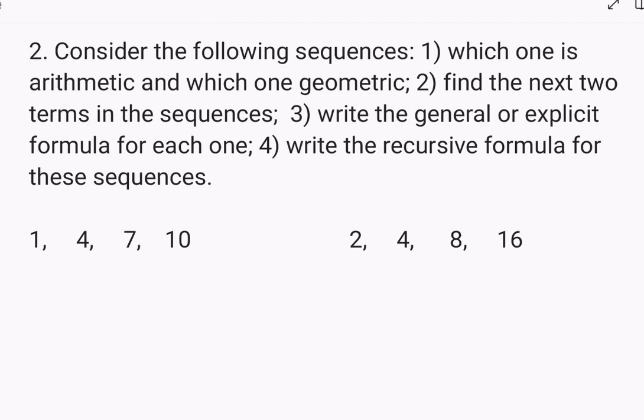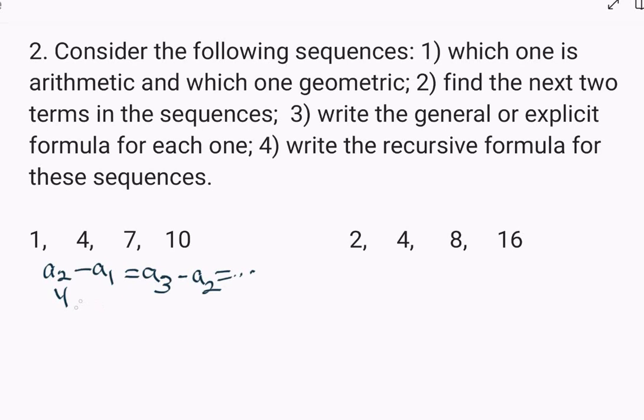Consider the following sequences. Which one is arithmetic and which one is geometric? To be arithmetic, a sub 2 minus a sub 1 must equal a sub 3 minus a sub 2, and so on.